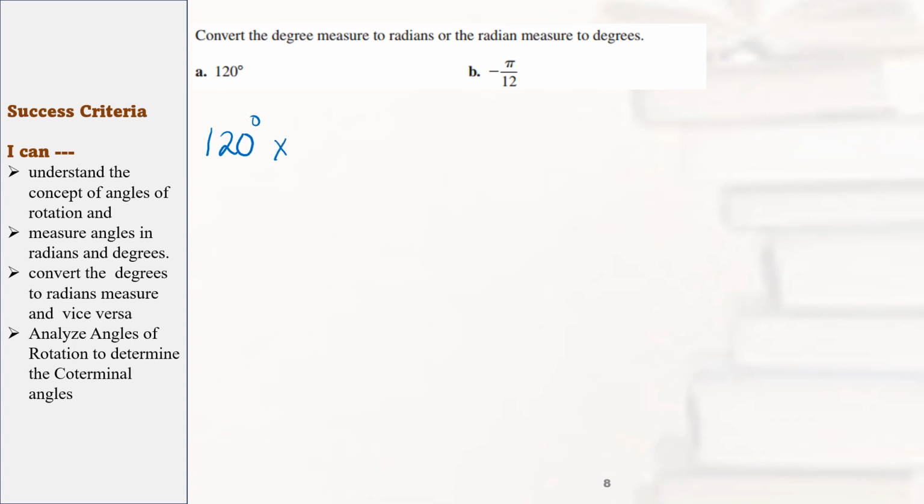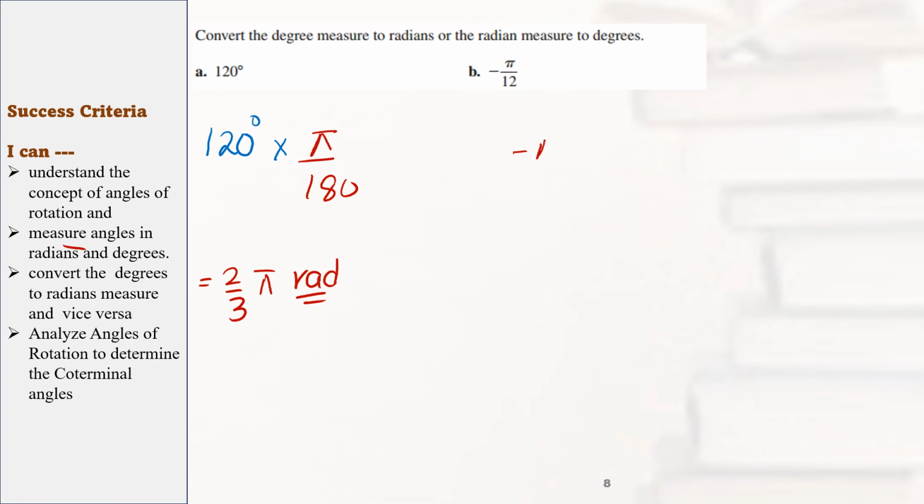We always multiply by pi over 180. Now write it in the calculator. Do not change the pi. Keep the pi as it is. So we will get 2 over 3 pi, and don't forget to write the radians.